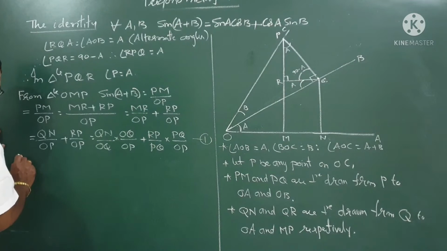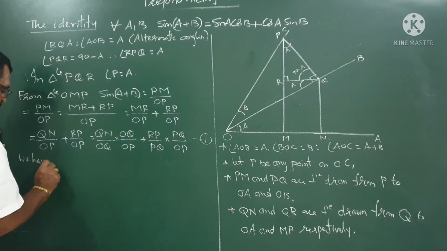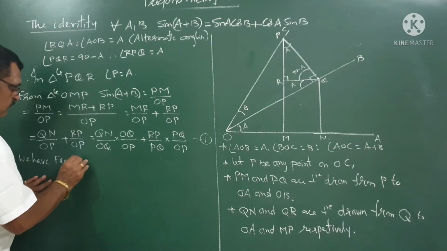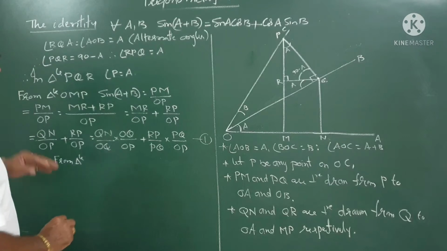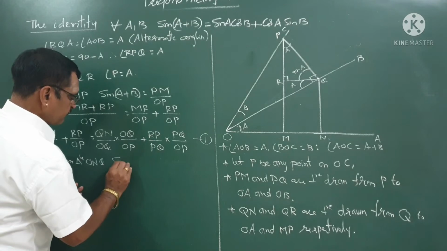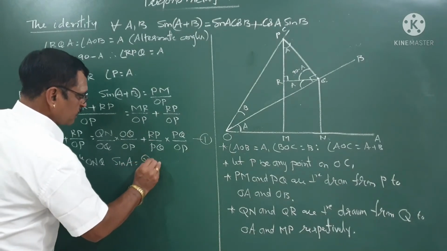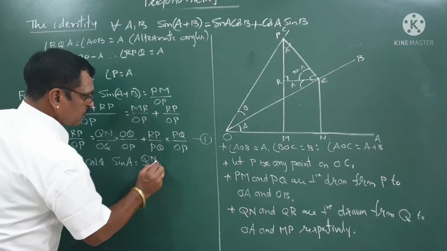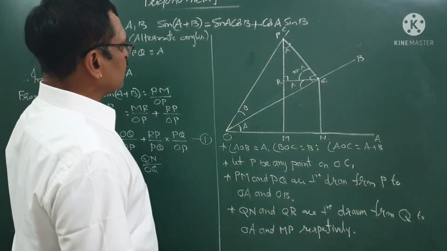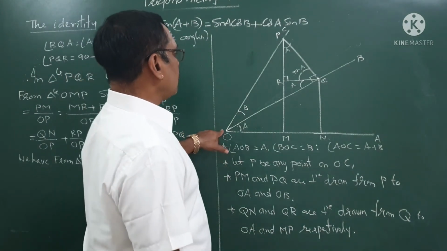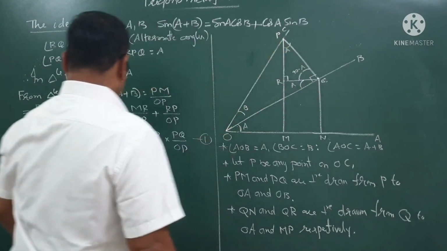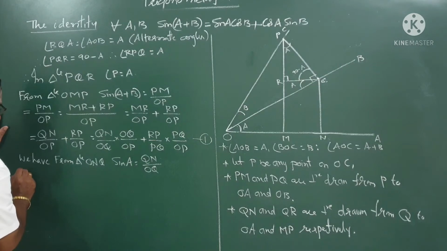We have, from triangle ONQ, sin A is equal to QN by OQ. Next, OQ by OP. Where is OQ? OQ by OP, from triangle OQP.